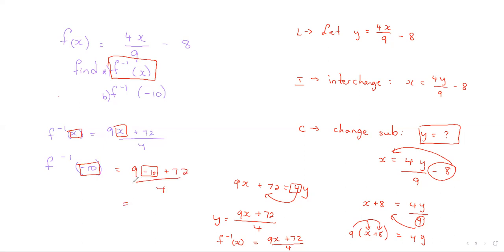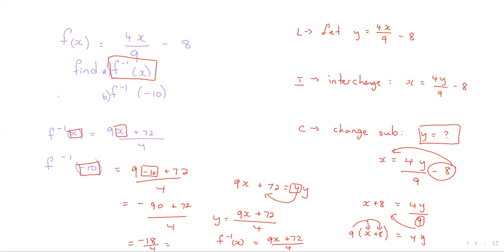Right, so I could substitute just as I did before. So if I substitute this, I'll have 9 times the negative 10, which will be negative 90, plus the 72, over 4. Negative 90 plus the 72, you subtract like normal, keeping the bigger number's sign. So I got negative 18 over 4.